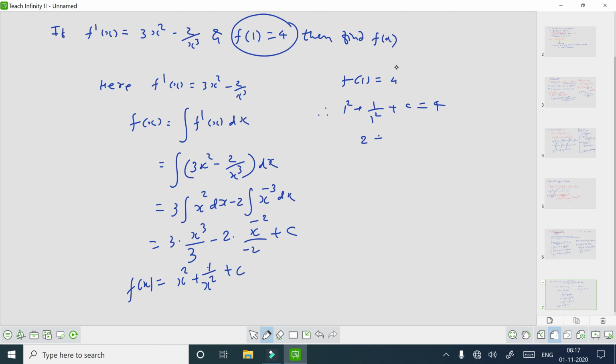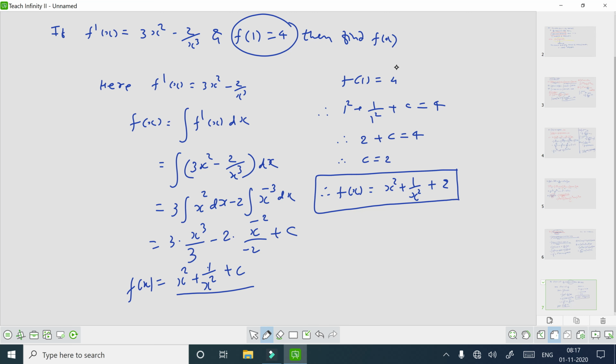So 2 plus c is equal to 4, and therefore c is equal to 2. So what is f of x? F of x is equal to, use this form, x square plus 1 by x square plus 2. This one is the required function.